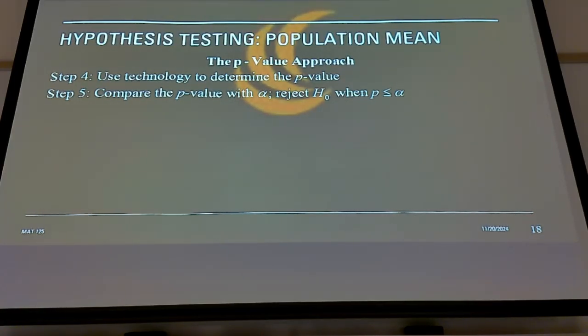The smaller it is, the more unlikely it is that it occurred by random chance. Right, so the smaller your p-value, the more unlikely it was just a coincidence.